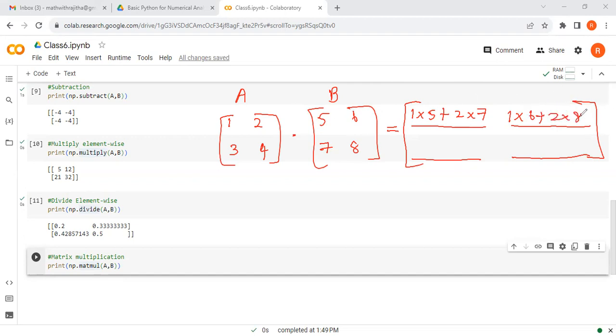The second row, first column entry is the dot product between the second row of the first matrix and the first column of the second matrix. 3 into 5 plus 4 into 7. The next entry, this row multiplied by this column: 3 into 6 plus 4 into 8.